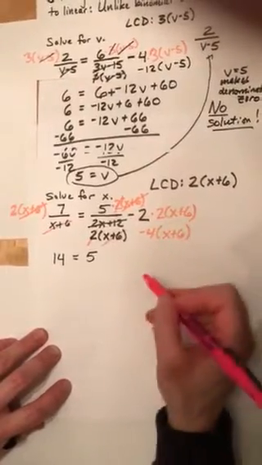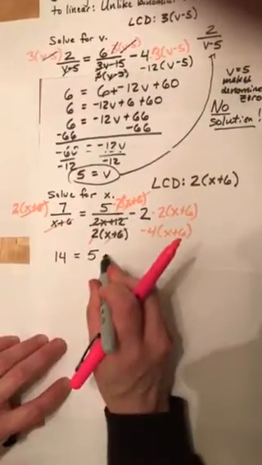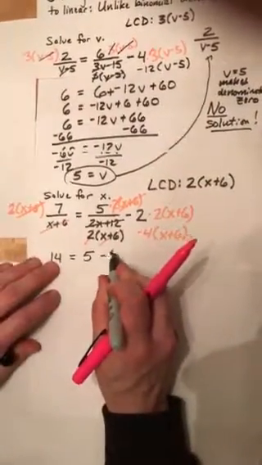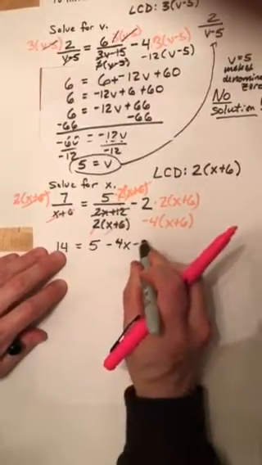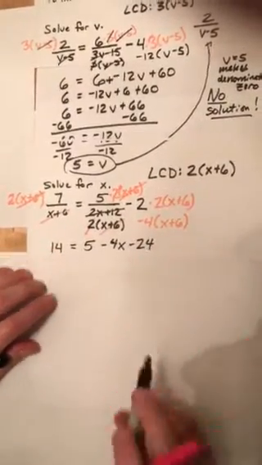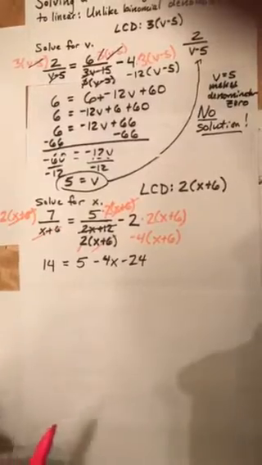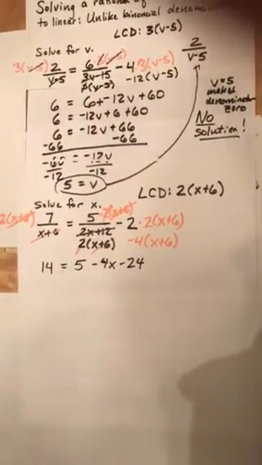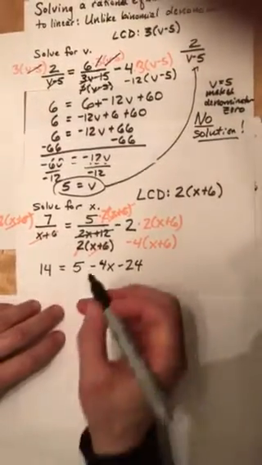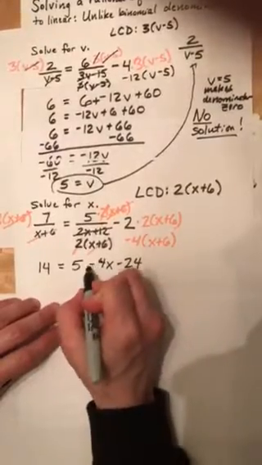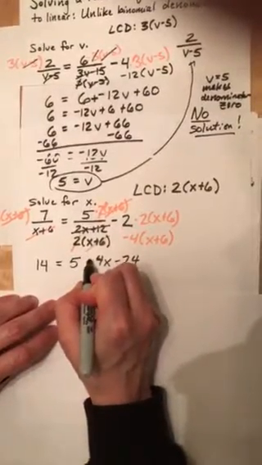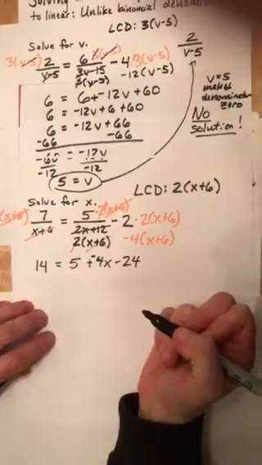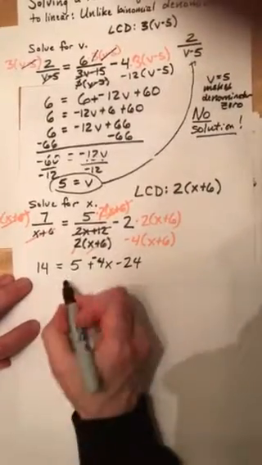When I use the distributive property, that gives me minus 4x minus 24. Okay, just like before, we can use our commutative property of addition. Let's just change this minus 4x to plus negative 4x so that it's a little easier to see.